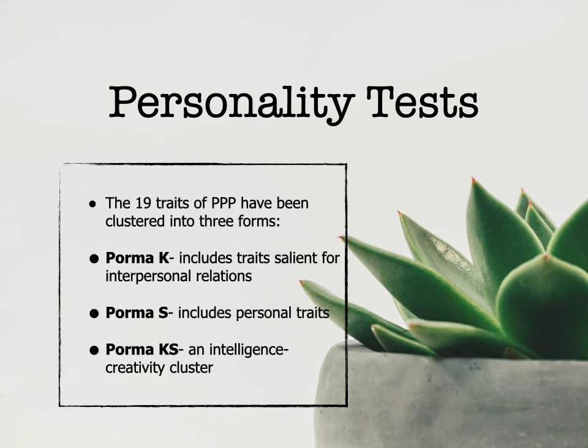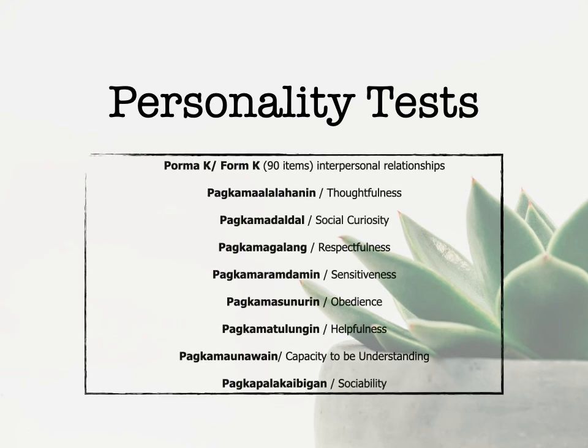Furthermore, the 19 traits of PPP are clustered into three forms. You have Porma K, which includes traits salient for interpersonal relations. Porma S includes personal traits, and Porma KS is an intelligence or creativity cluster. So let's discuss the different facets under each form. Porma K, or Form K, has 90 items, and these are dimensions that measure interpersonal relationships.